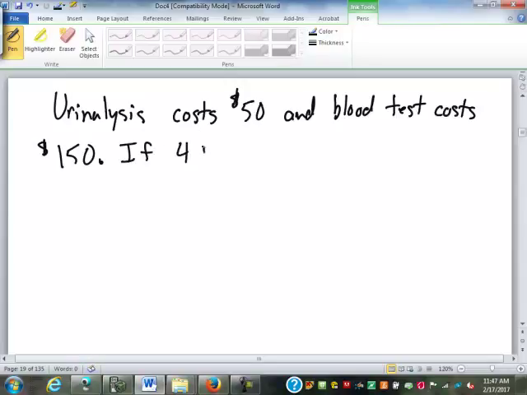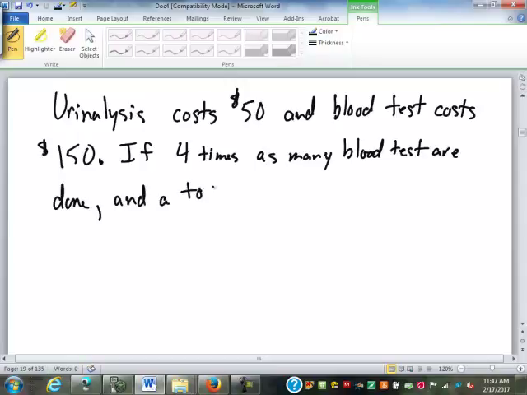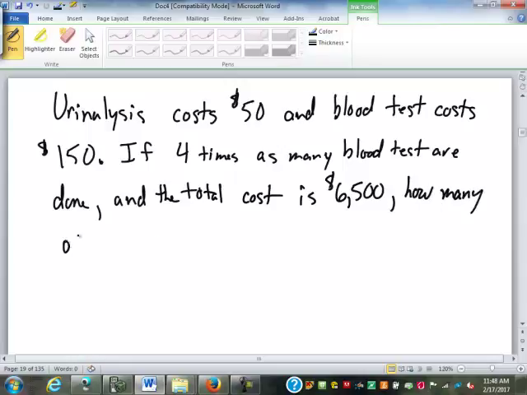If 4 times as many blood tests are done, and the total cost is $6,500, how many of each test was completed?